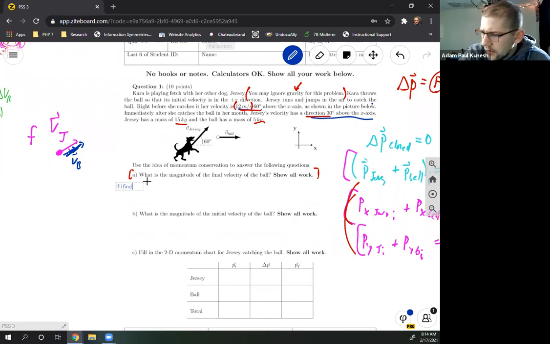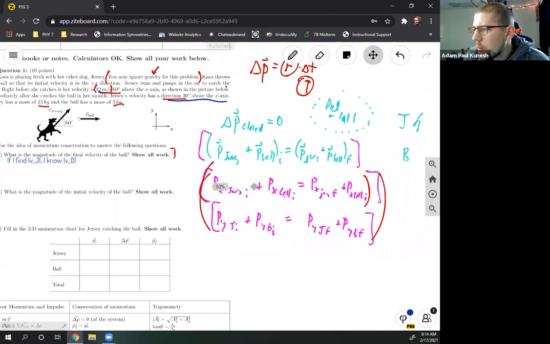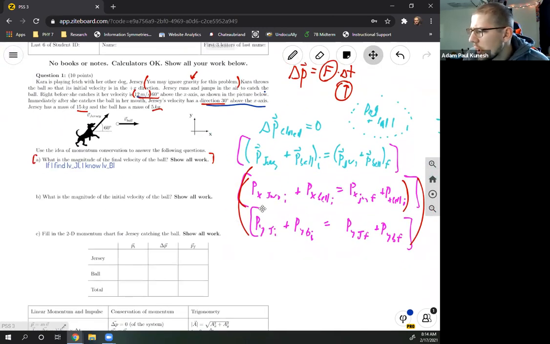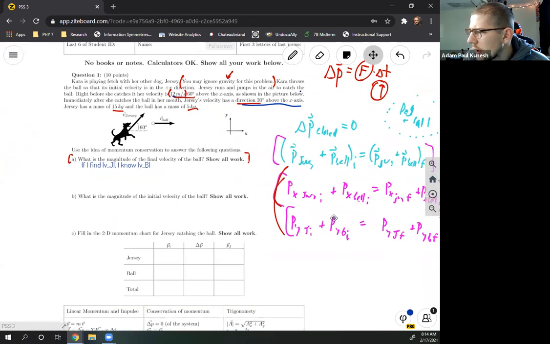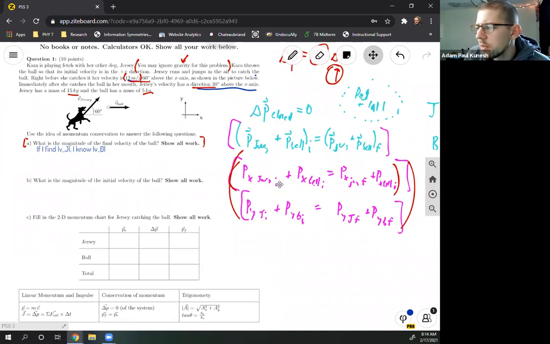If I find V sub Jersey, I know the magnitude of V sub ball. Now I can think about whether I want to use the x component or the y component to do that. I'm just going to write out both and we'll see which one we want to select.